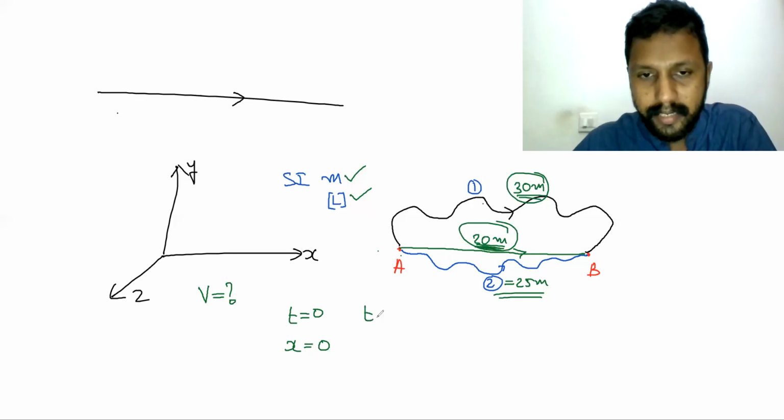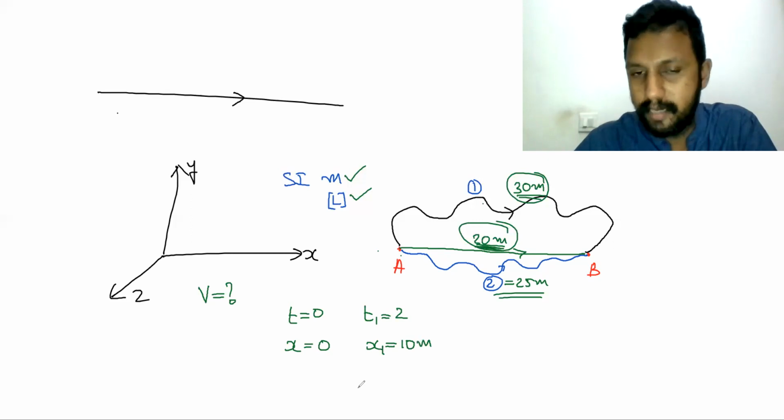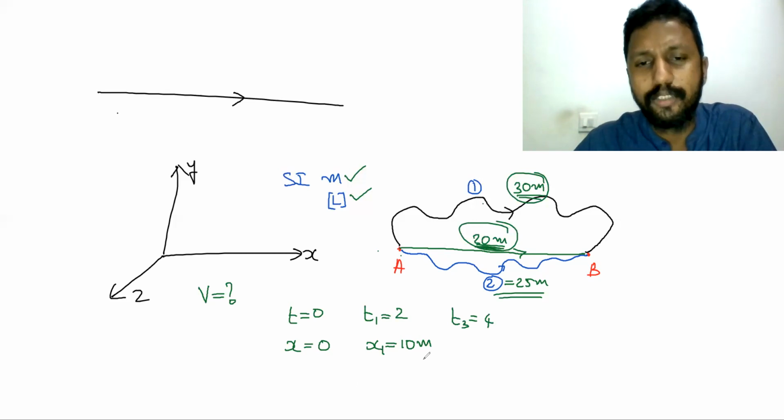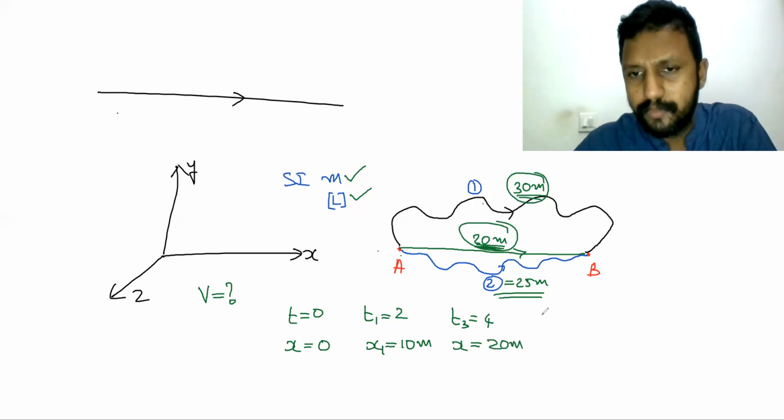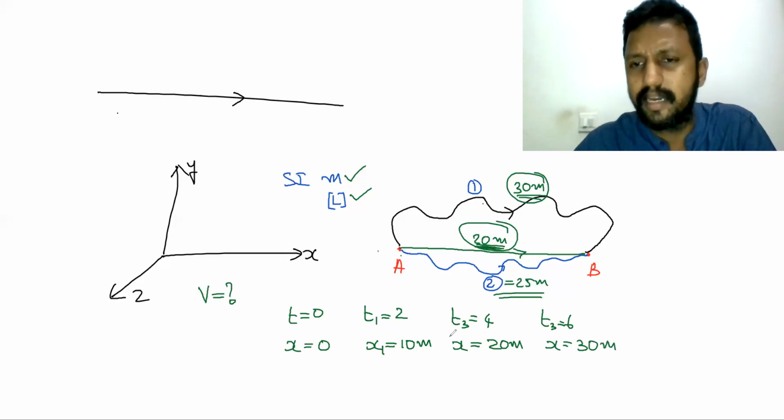Then at t1, that is after 2 seconds, the position of that substance changes to 10 meter. Then after 4 seconds, the position changes to 20 meter. After 6 seconds, the position changes to 30 meter, and the substance is traveling like this.